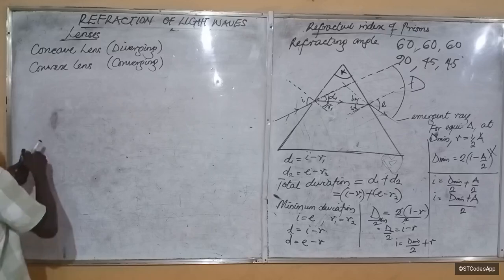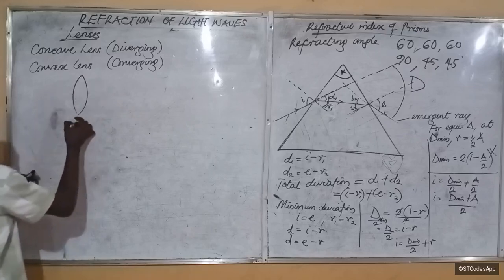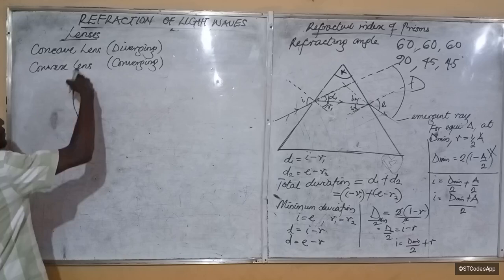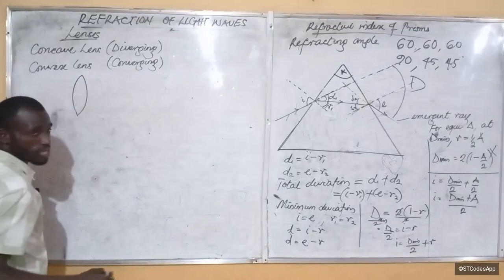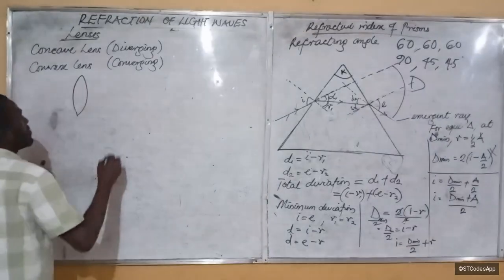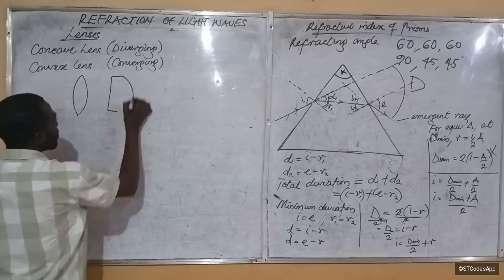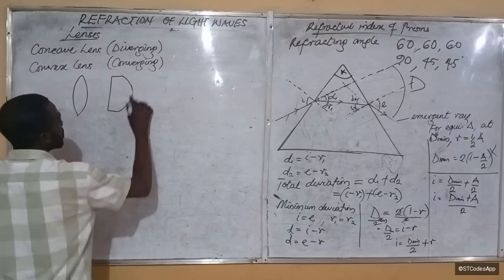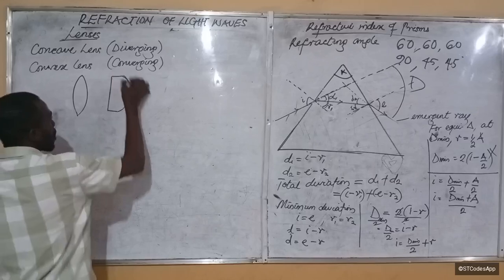But there are different types of convex lenses too. Now watch, we have a shape like this. This convex shape, okay? So this is biconvex because it's convex on both sides. Is that clear? If I now have a plane and a convex, this will be called a plano-convex.